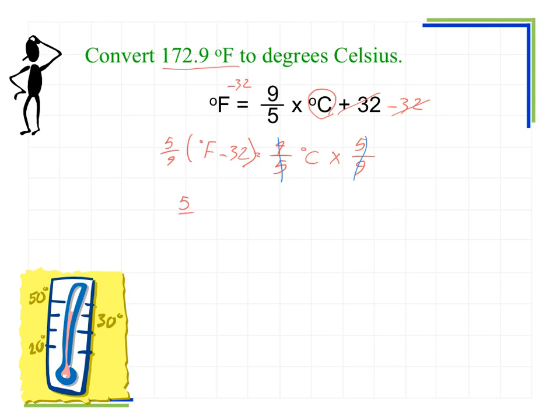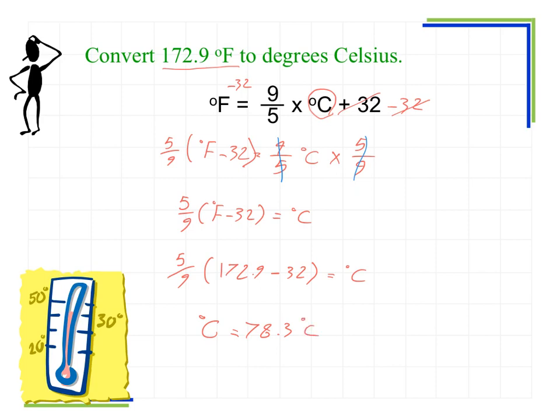We have 5 over 9 times, and we have to multiply that to both of these. We cannot do it just for Fahrenheit, equal degrees Celsius. Okay, so we have Fahrenheit as 172.9, so 5 over 9 times 172.9 minus 32 is degrees Celsius, and the answer to that is 78.3 degrees Celsius.